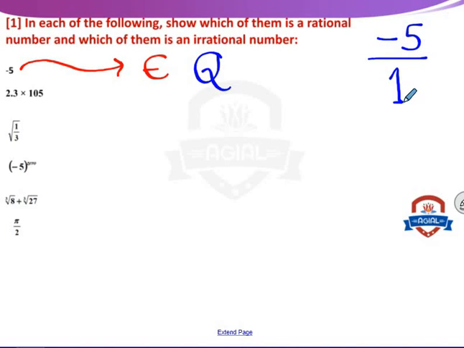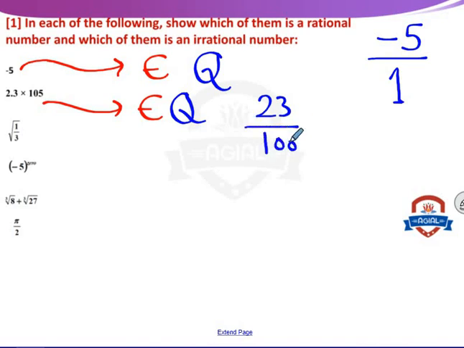Next, 2.3 pi 105 belongs to rational or irrational numbers? Yes, rational. Why? Because 2.3 pi 105 can be written as 23 over 100 over 10 by 105. So this belongs to rational numbers.